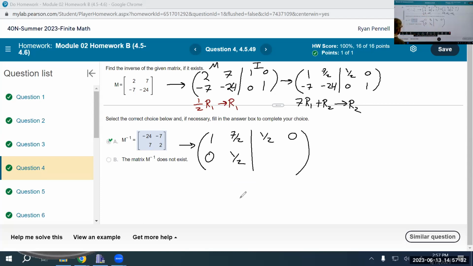And 7/2 plus 0 is 7/2. That's a 0, so no change, and that's 1. Okay. Closer, but still not there. I think what I want to do is multiply row 2 by 2. And that would give me the one that I need.